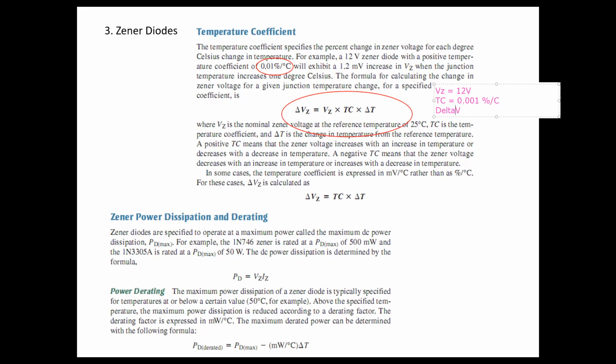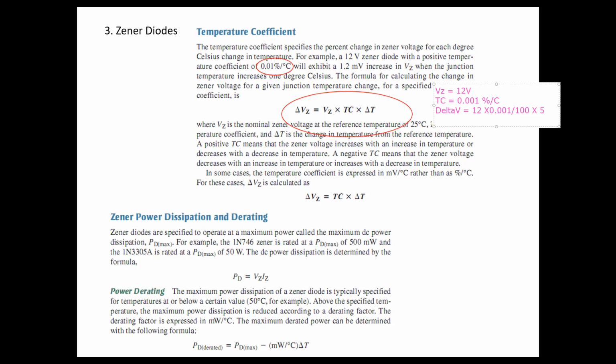Let's say delta V equals 12, the rated voltage, multiplied by the temperature coefficient 0.001 divided by 100 because it is a percentage. Let's say after a 5 centigrade difference, what will happen? Then multiply by 5.